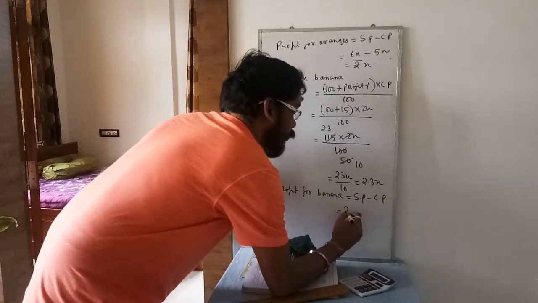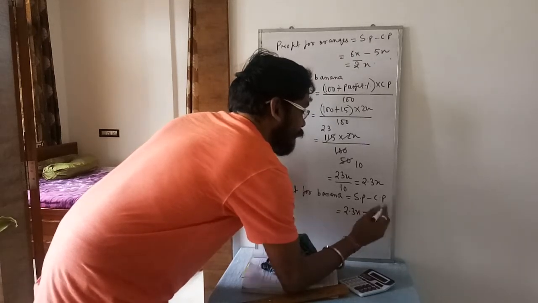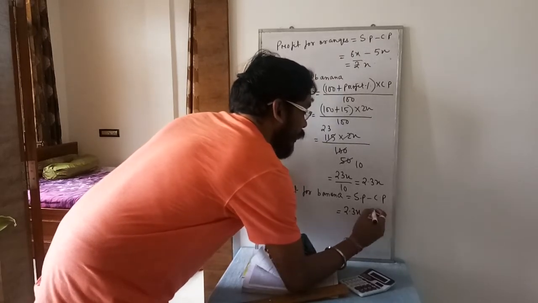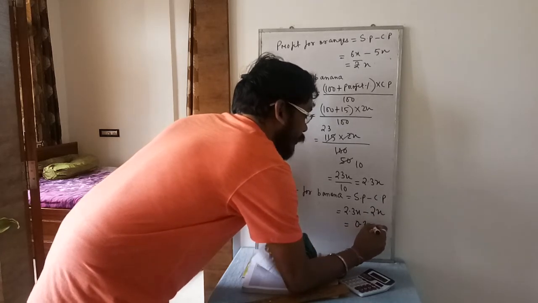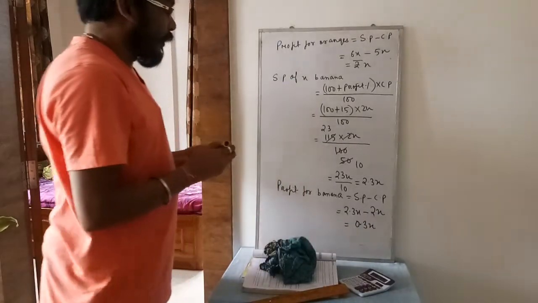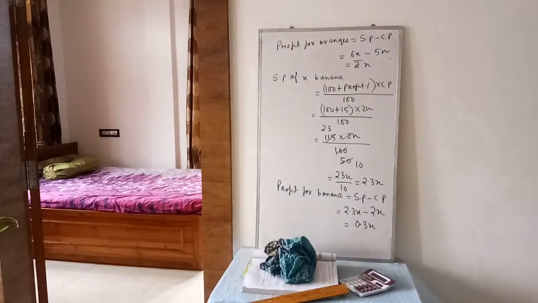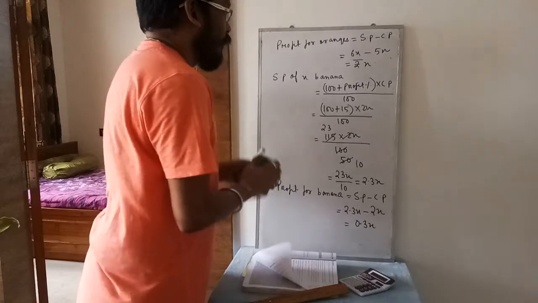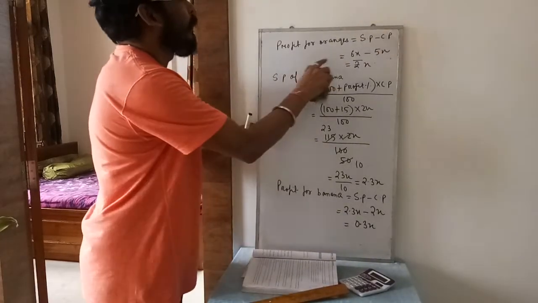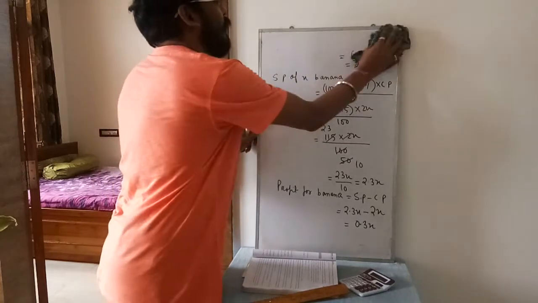Your SP is 2.3x and CP of banana is 2x, so it is 0.3x. You will get a little bit disturbed because strong wind is blowing. So profit for orange is x and profit for banana is 0.3x.